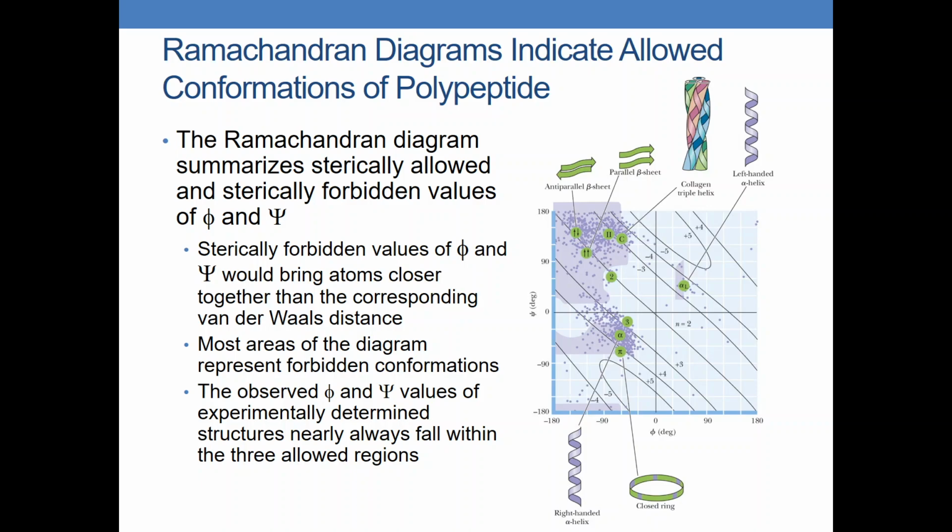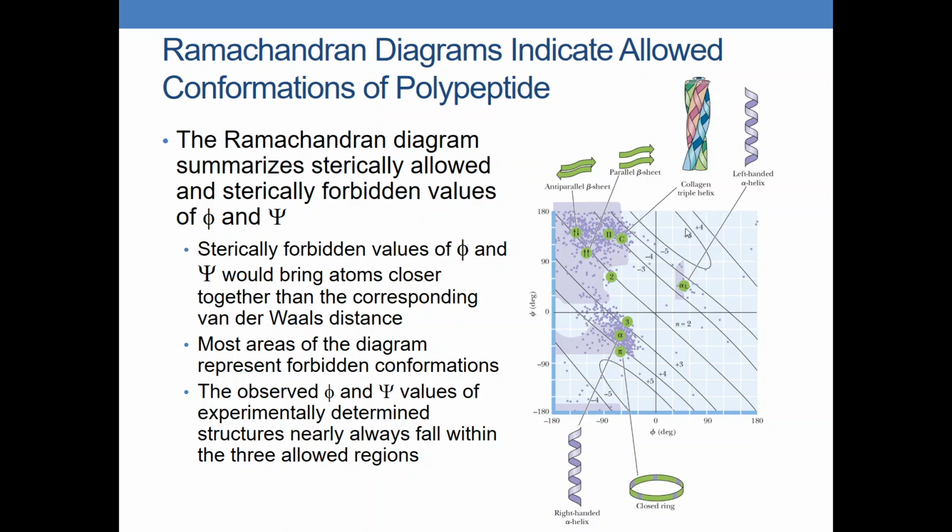Well, that's because these are quadrants where you have a lot of sterically forbidden values of phi and psi. So these are values that would lead to steric clash between atoms in the polypeptide. So quadrant 4, really you hardly ever see anything because all of these phi-psi combinations are sterically forbidden.